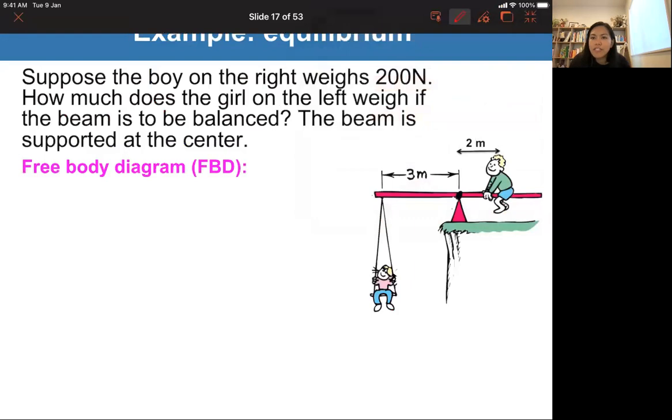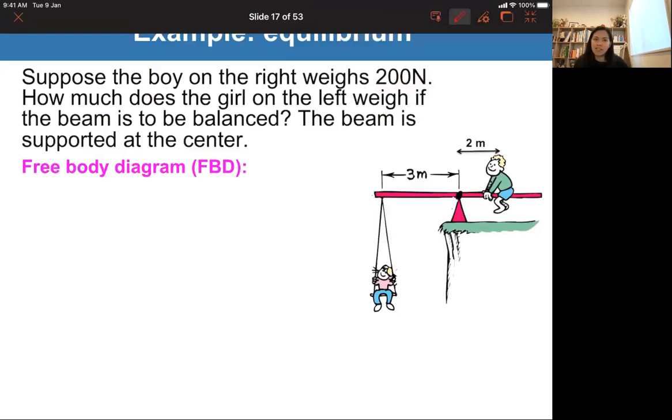All right, so the first step is really always drawing the free body diagram, right? But free body diagram of which? What is our object here? Which object should we draw all the forces acting on?